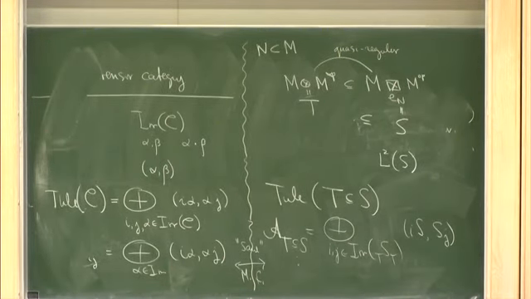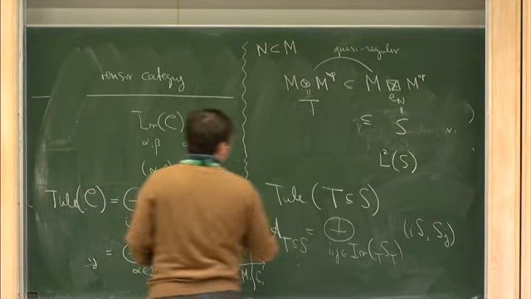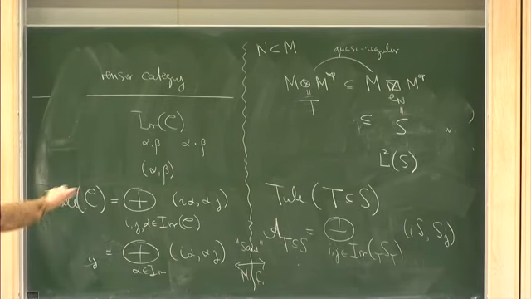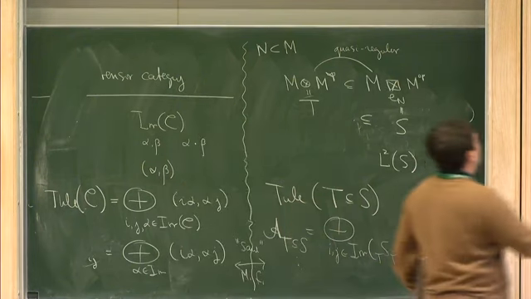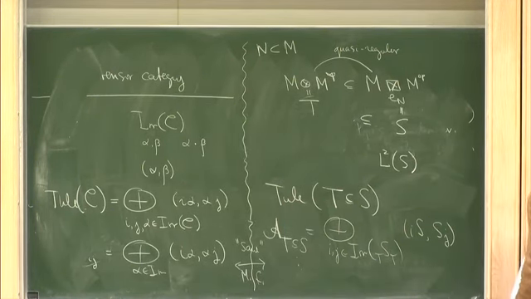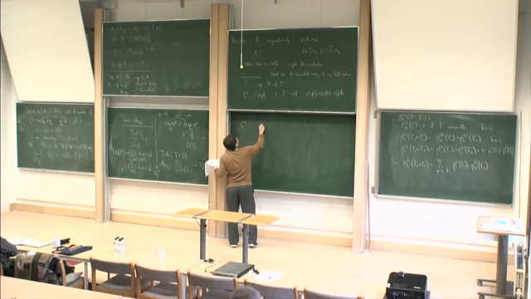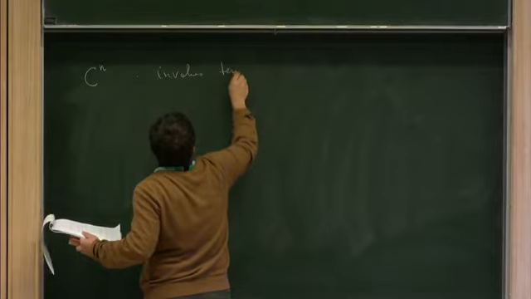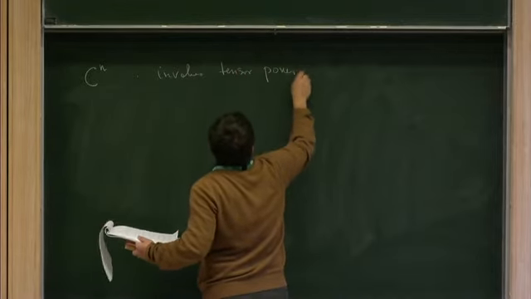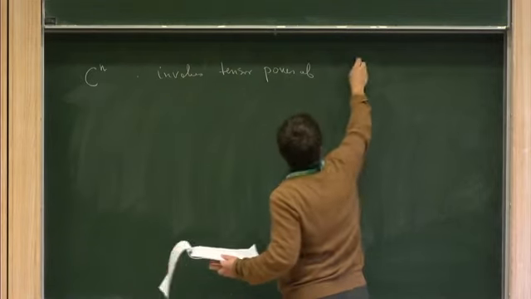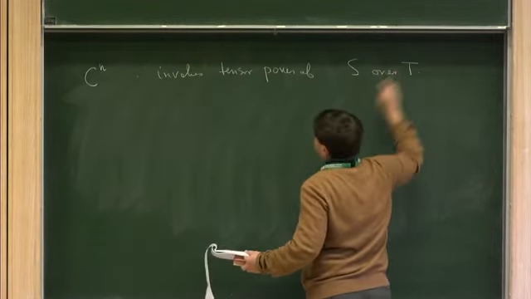Well, one reason why this is kind of nice is because you can right away define a cohomology theory on this side, and it looks slightly different. So this time, what will happen to be Cn, you will end up taking tensor powers of S over T. Okay?